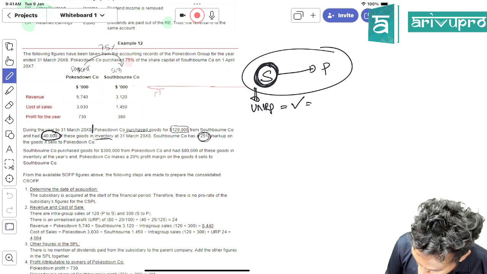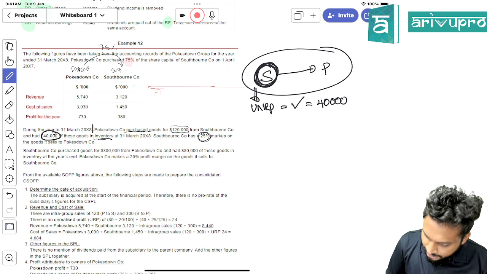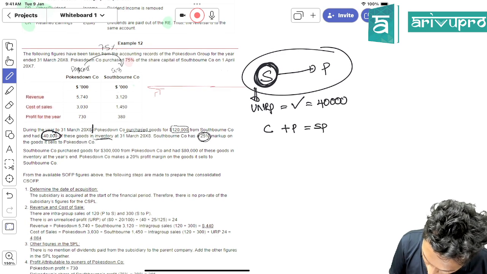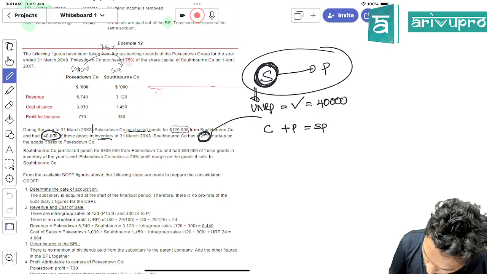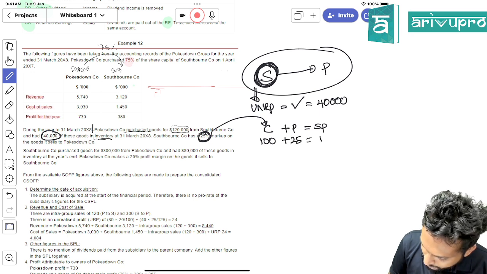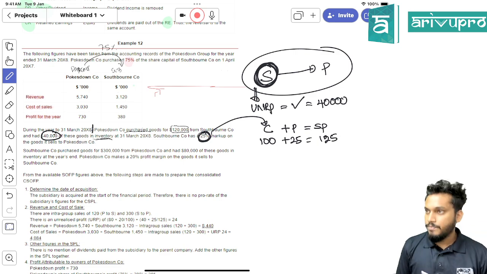So you need to find the unrealized profits within this 40,000, and they are telling us that they are using cost plus profit equals selling price. So they are using markup. If they are using markup, your cost is 100%, your profit is 25, and your selling price is 125.